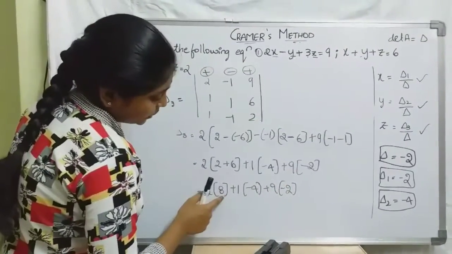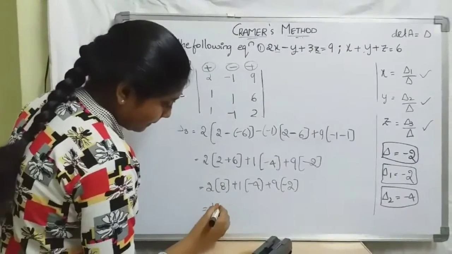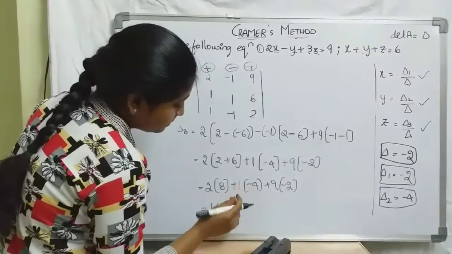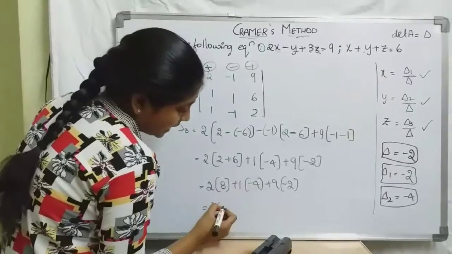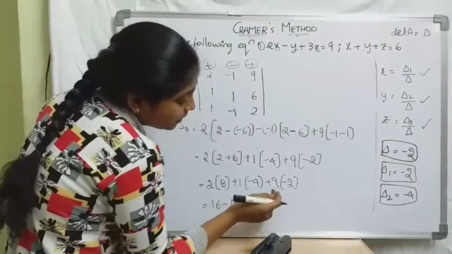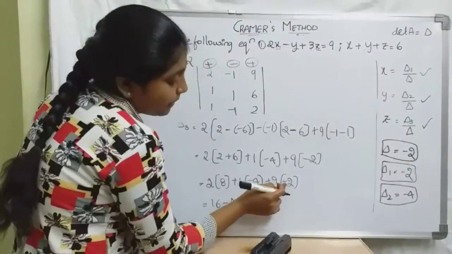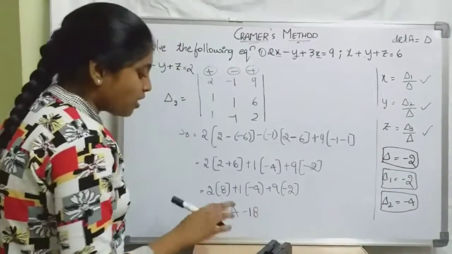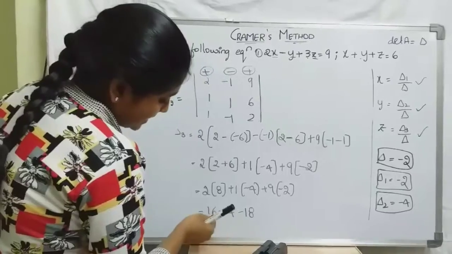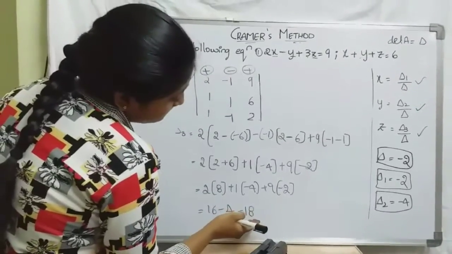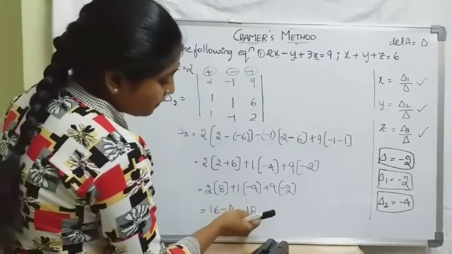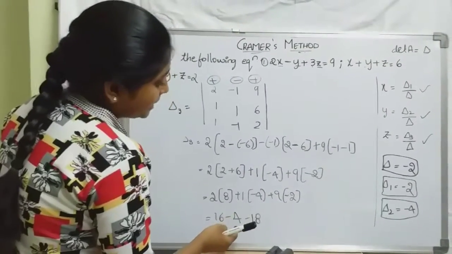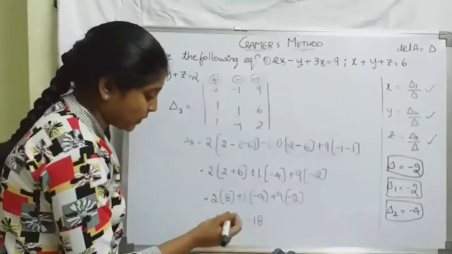So 8 2s are 16. Plus 1 into minus 4 that is minus 4, plus 9 into minus 2 that is minus 18. So 16 plus 16 minus 4 minus 18. So minus 18 plus minus 4, minus 18 minus 4 becomes minus 22.